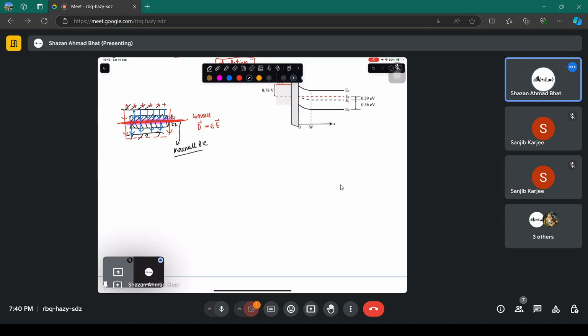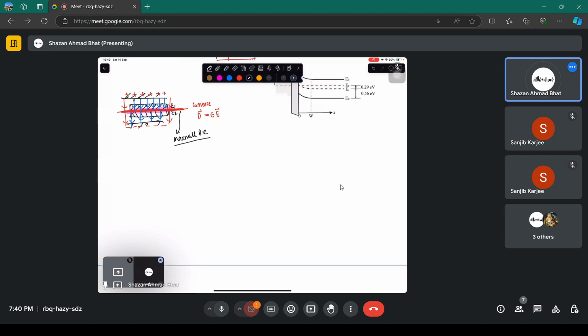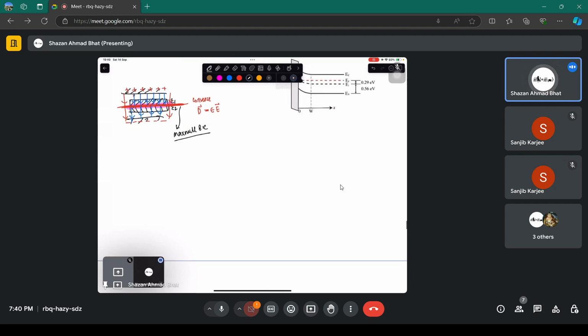Maxwell's boundary condition, at this dielectric interface and dielectric semiconductor interface as well, or any other interface, the component of electric displacement vector, or the product of epsilon 1 and electric field on one side, should be equivalent to the product of epsilon 2 and electric field on the other side. Basically, these are the perpendicular components.